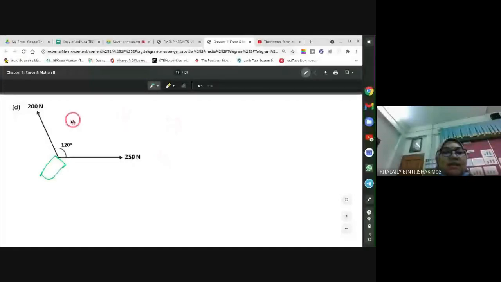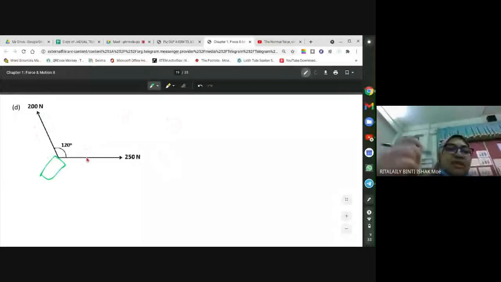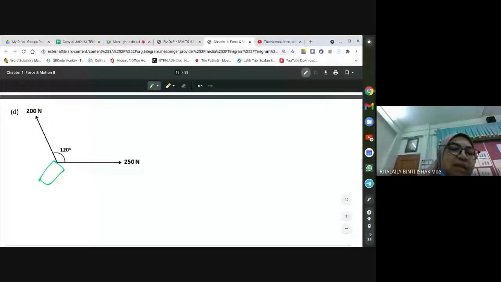Because if 100 Newton is to 1 cm, this becomes 2 cm, this 2.5 cm. Rather short. So maybe we take 50 Newton is to 1 cm. Now we get a bigger diagram. After we choose the suitable scale, we draw a parallel line with one force and another parallel line with the other force.